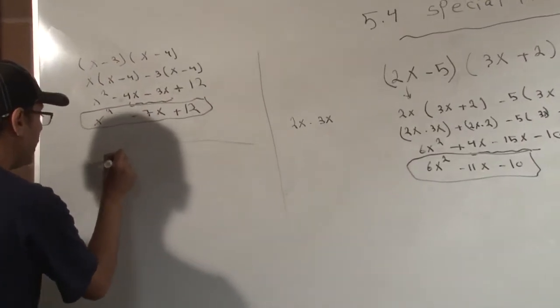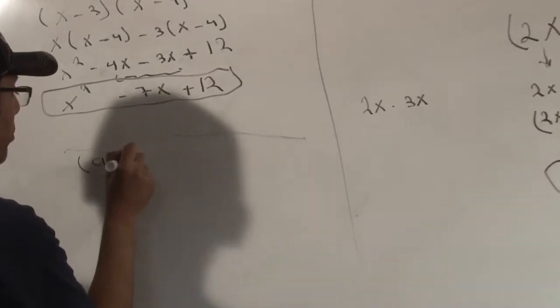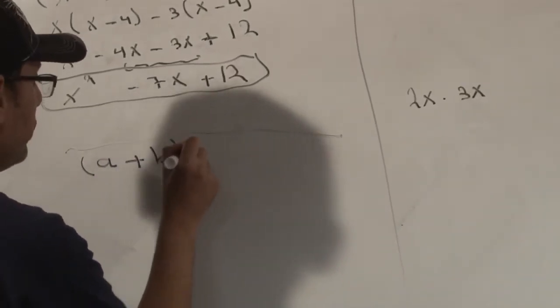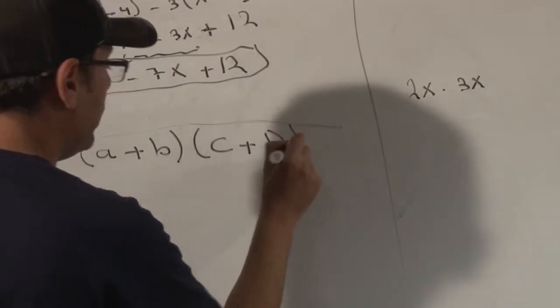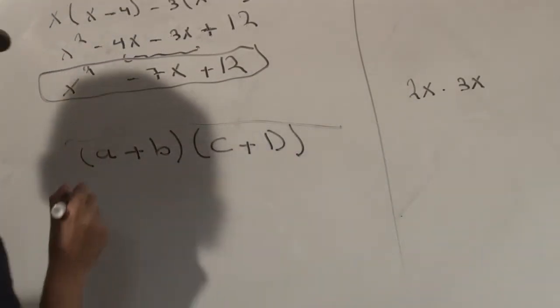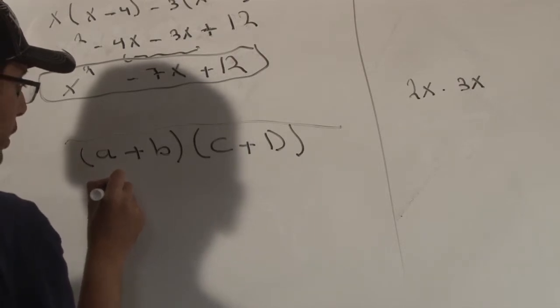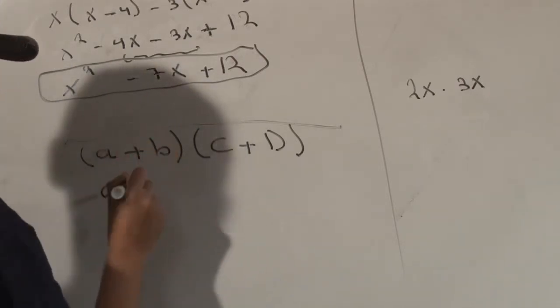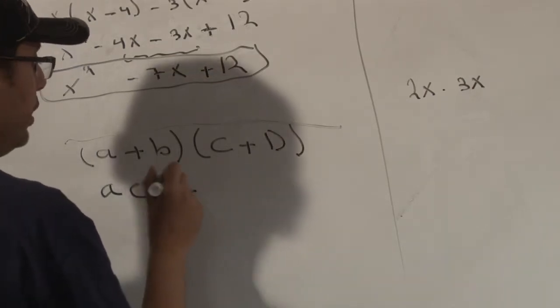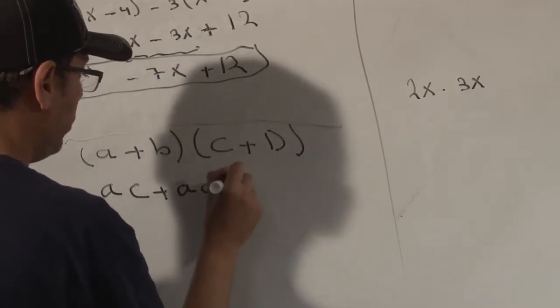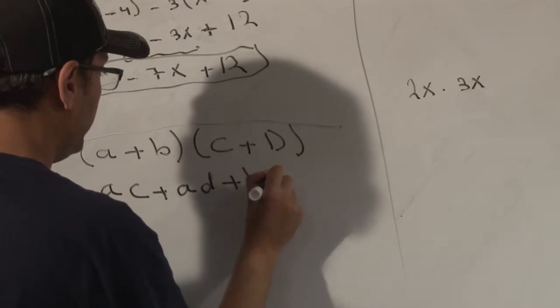Like if I say a plus b times c plus d, that will equal what? ac plus ad plus bc plus bd.